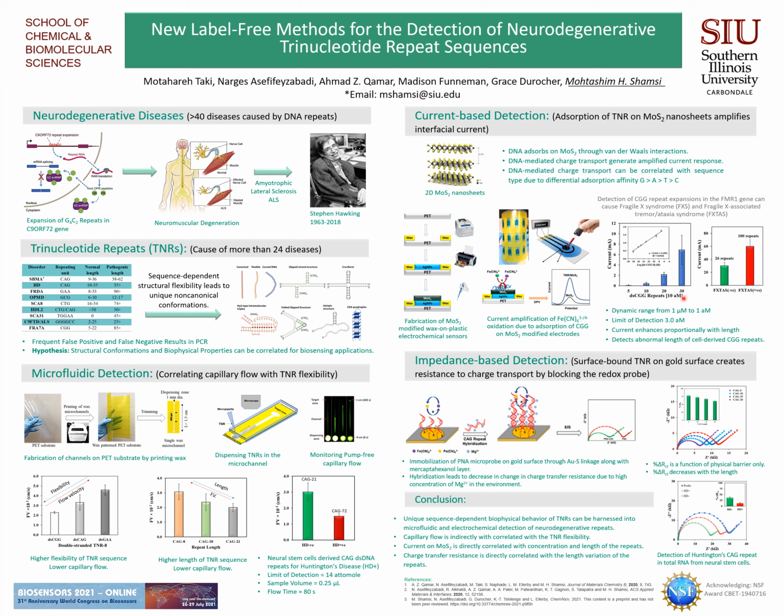Even just a difference of 10 base numbers, from 20 to 30, we're seeing a very significant increase. So even here you can see this 100 number of repeats, the disease causing number of repeats, is showing a significantly higher current than the normal number of repeats here.